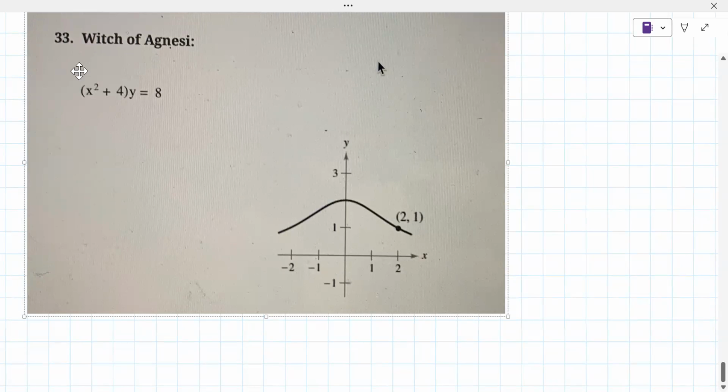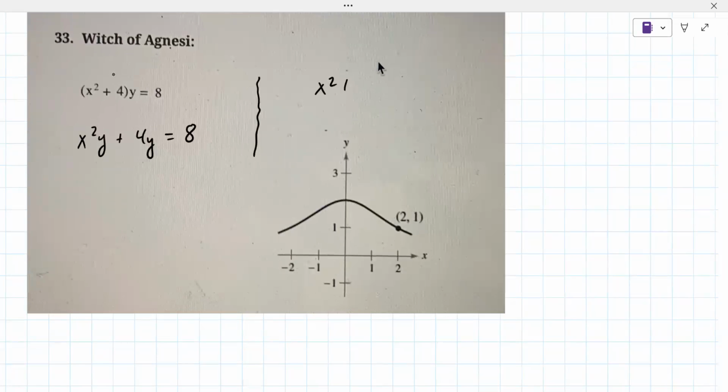So you have a choice here. You can either multiply the y in and make this x squared y plus 4y equals 8. That's one way to do it. Or you can just treat it as product rule, where this is f and this is g.